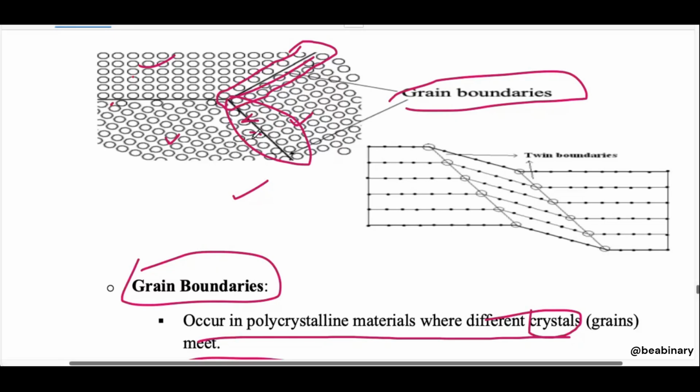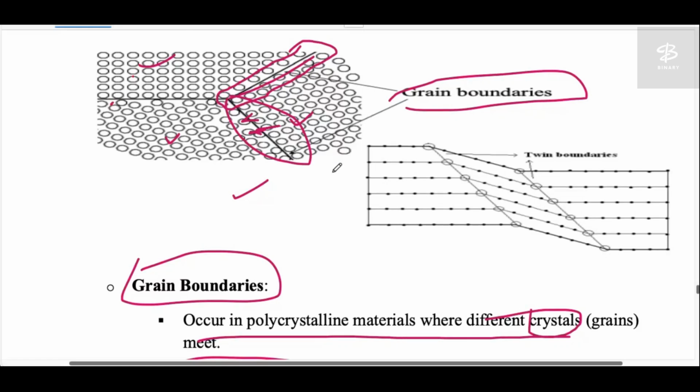As you can see here, one atom is here, another atom is here. There's no perfect alignment. If a crystal is in a perfect fashion, there is a perfect bond between them, and that perfect bond will provide you the perfect strength. If the perfect strength is not there, it means you have less bonded atoms, and less bonded atoms will provide you ductility, as they can loosen up to a certain length or certain load.